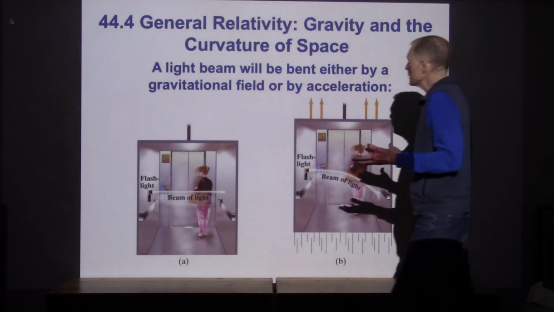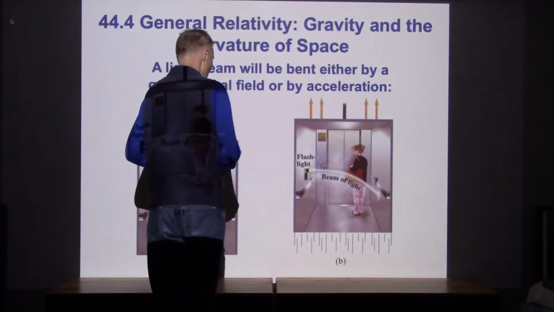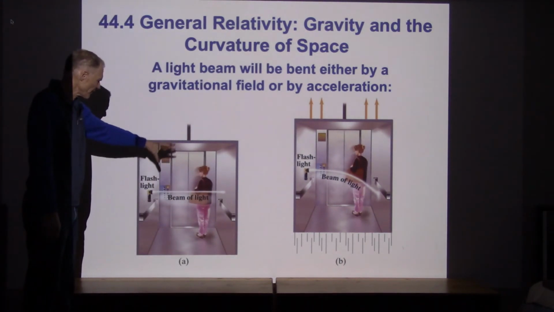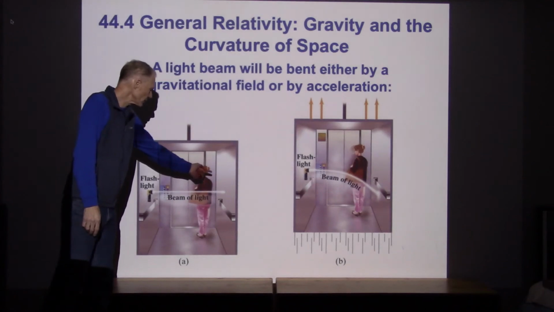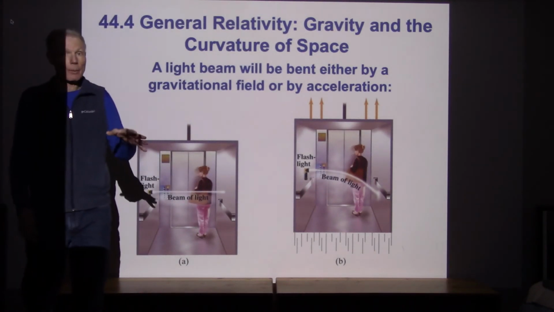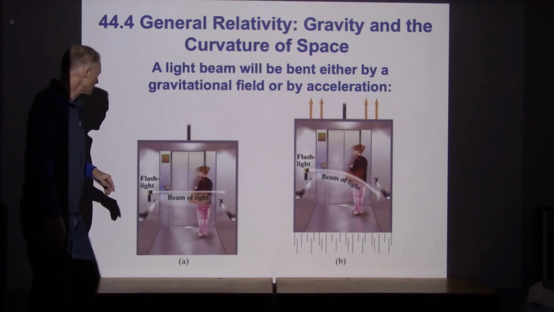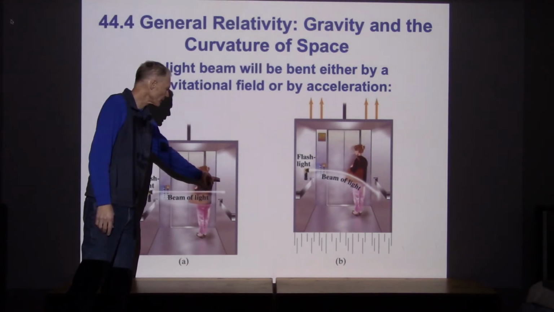So one of the predictions that Einstein made from this was, look, if I'm in an elevator and I shine a light across, the assumption has always been, so the picture on the left is wrong, the assumption has always been that the light just travels straight across.